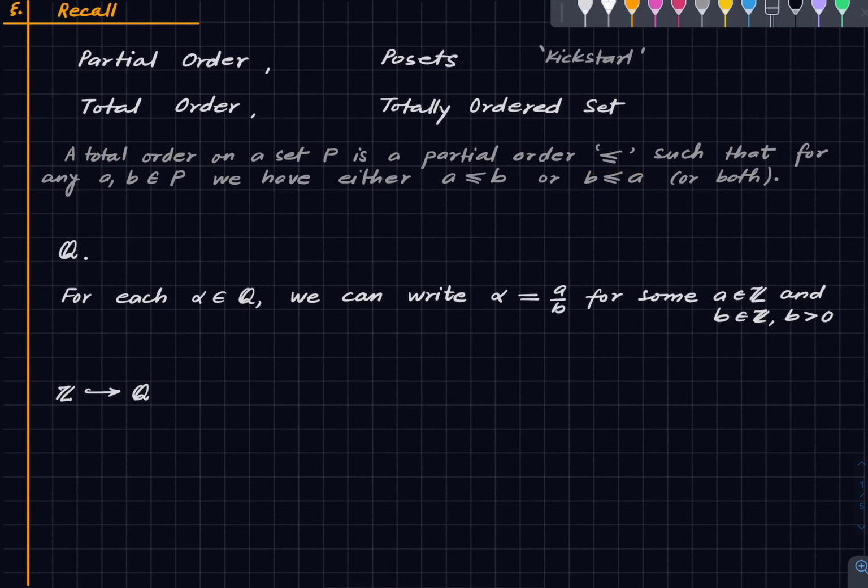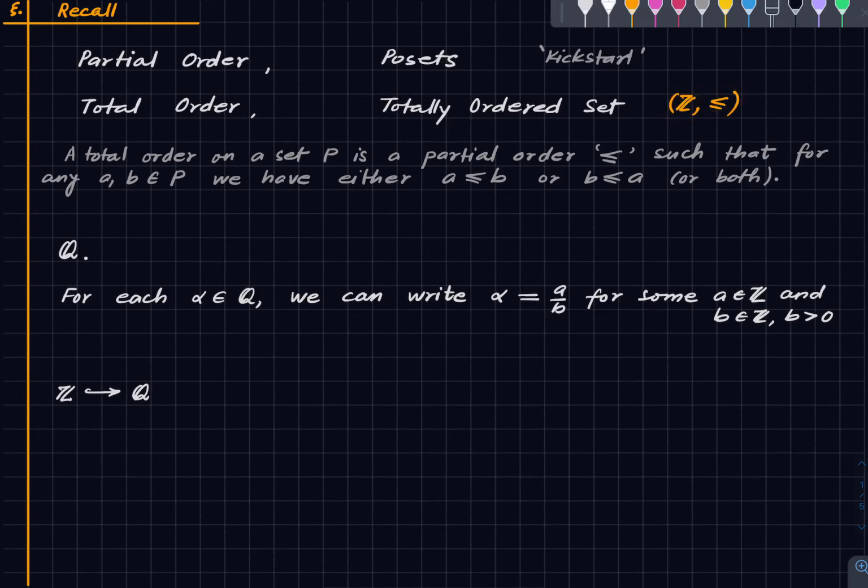A totally ordered set is just a partially ordered set where the partial order is actually a total order. This may sound like garbage, but it is actually a very meaningful mathematical statement. For instance, the usual ordering on integers is a total order. The integers form a totally ordered set under the usual ordering.